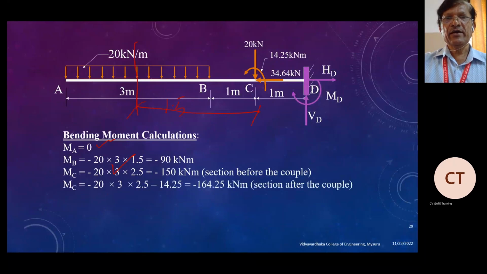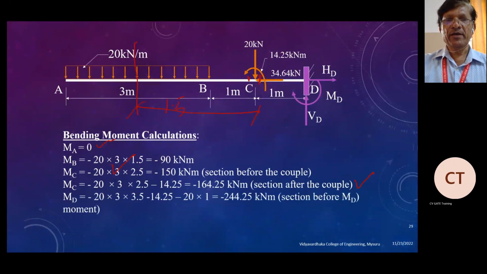And the MC of this one, it will be calculated with 20 kilonewton after the section, and on the right side of the section, the moment also has to be considered. So okay, we are considering the moment also.